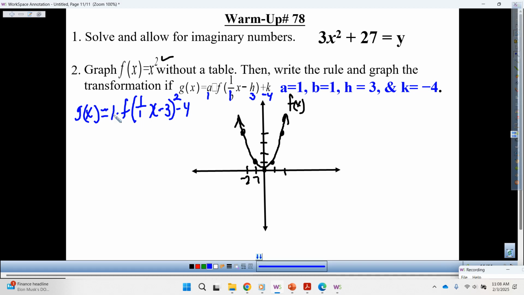That we no longer use the 1's or the f, so I'm going to write g of x equals x minus 3 squared minus 4. Therefore, where am I moving all these points? Tell your neighbor, where am I moving all these points?